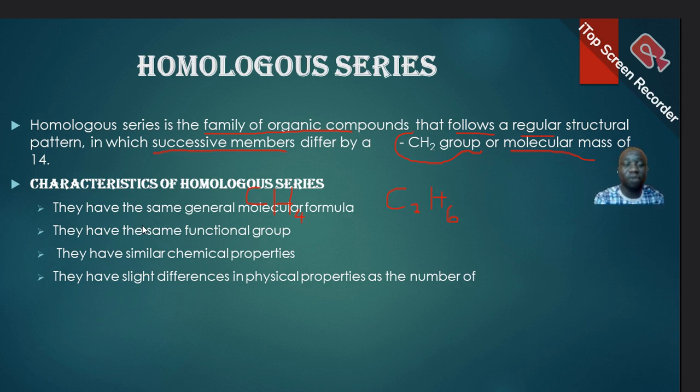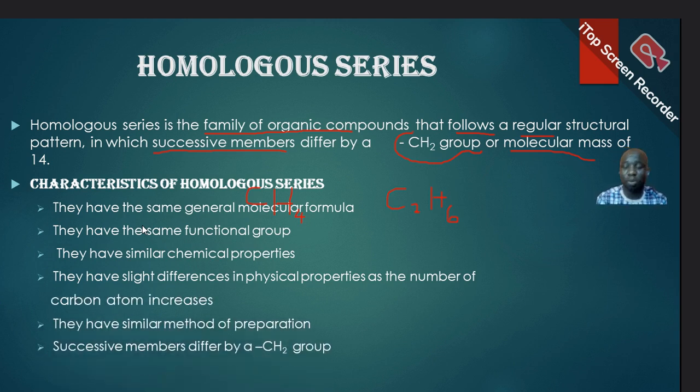Then they have the same functional group. What is a functional group? We'll look at that later. They have similar chemical properties, like they undergo similar chemical reactions. They have a slight difference in their physical properties as the number of carbon atoms increases.